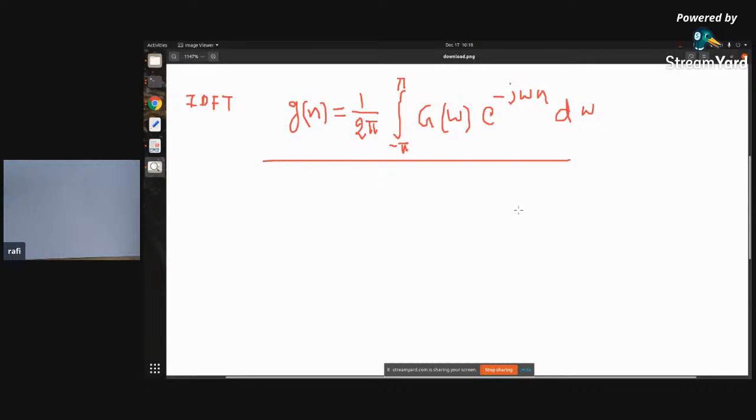Not this one, we'll take another one. We'll take the DTFT equation directly. G of omega is equal to summation over n g of n e power minus j omega n. This is the DTFT equation, sorry.